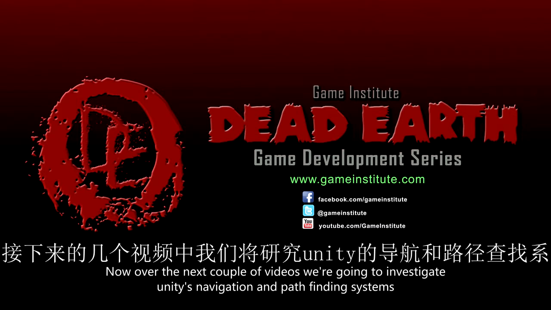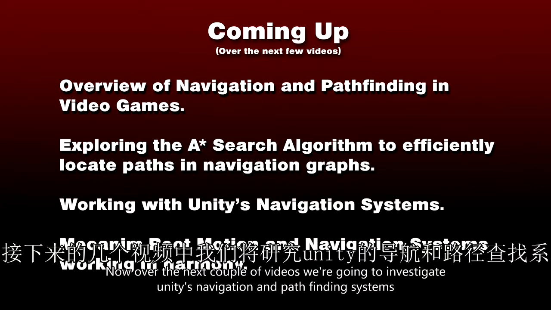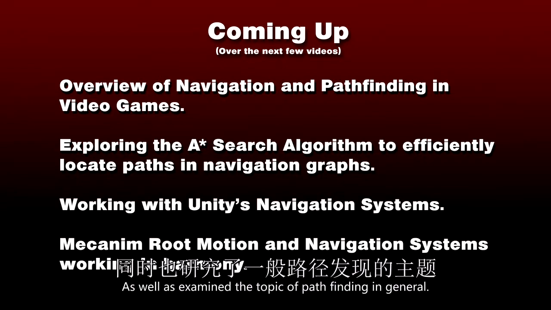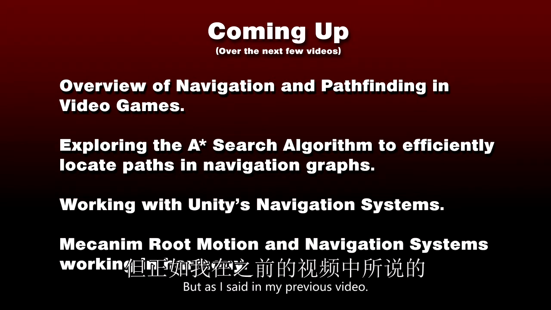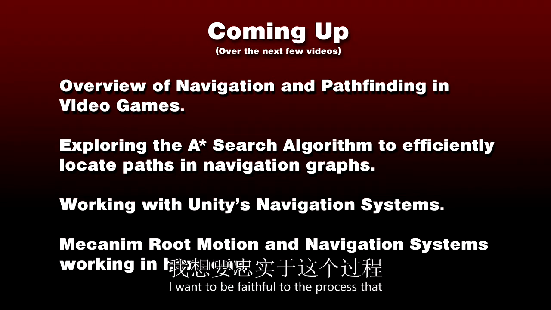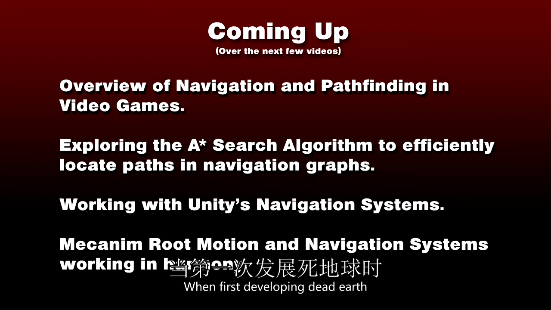Over the next couple of videos we're going to investigate Unity's navigation and pathfinding systems, as well as examine the topic of pathfinding in general. You may be thinking that this is a weird place to start in my Dead Earth development, but as I said in my previous video, I want to be faithful to the process that I went through when first developing Dead Earth.